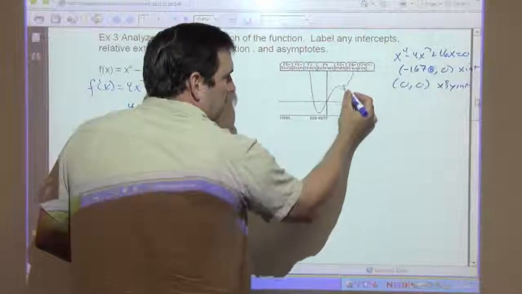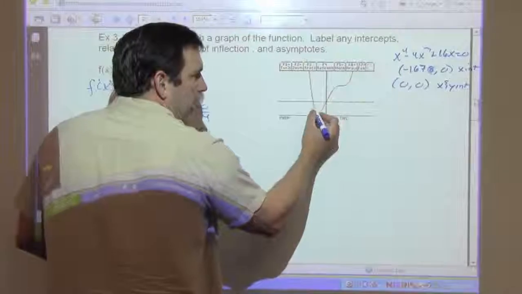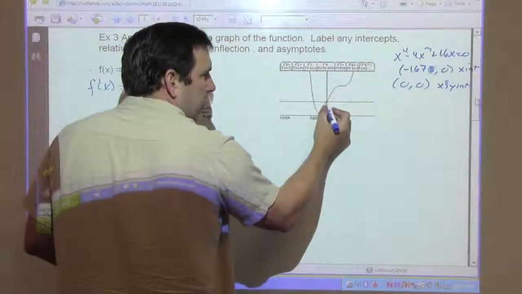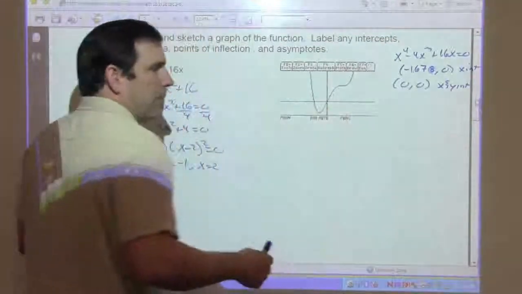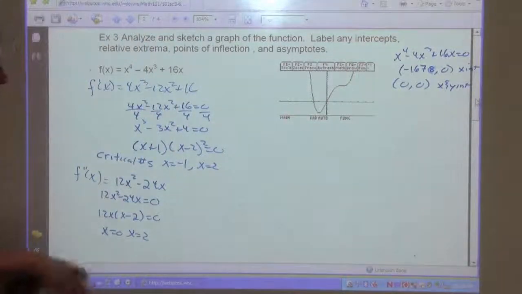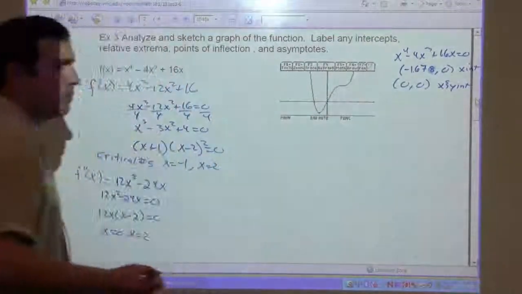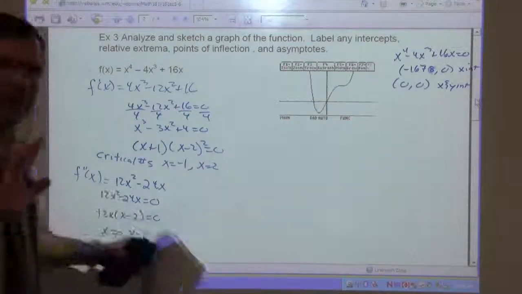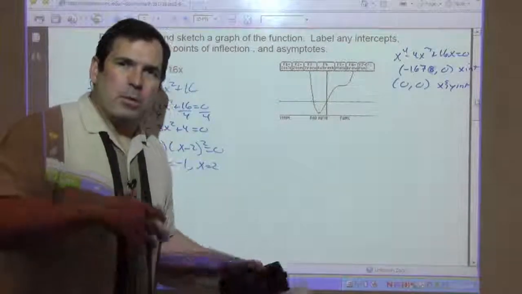Then at 2 it changes concavity again. So my guesses are that we're concave up from negative infinity to 0, concave down from 0 to 2, concave up from 2 to infinity. That's my guess. We only have one extreme value, and that's down here at negative 1.